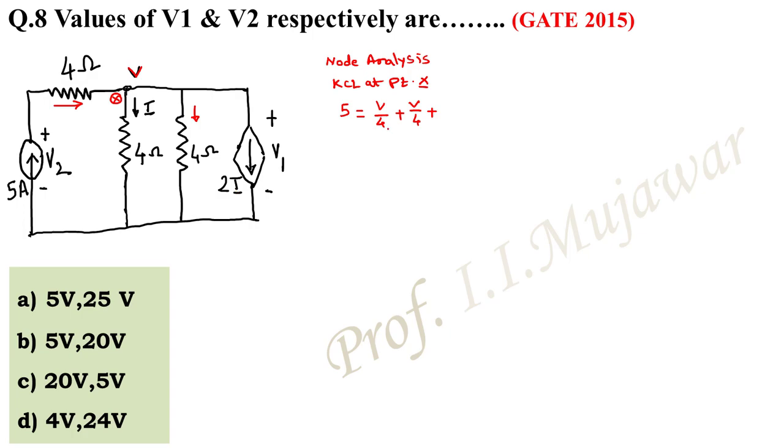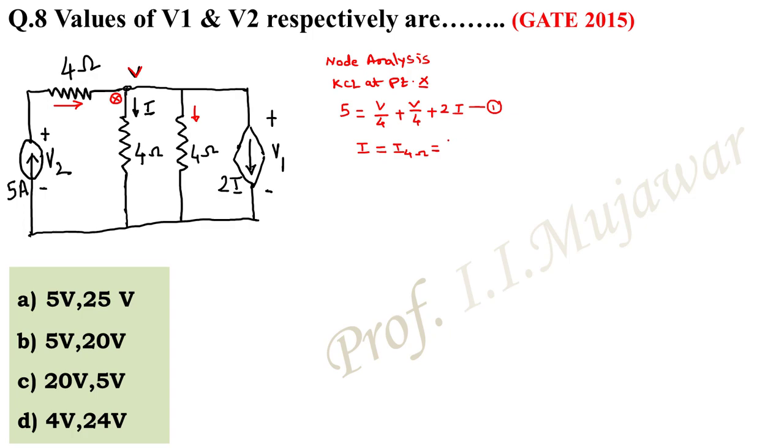That means the value of this current source is given as 2I. Now I is the current flowing through 4 ohm. Let me call this equation number 1. The value of I given in the circuit itself is the current flowing through 4 ohm, so it is nothing but I 4 ohm.